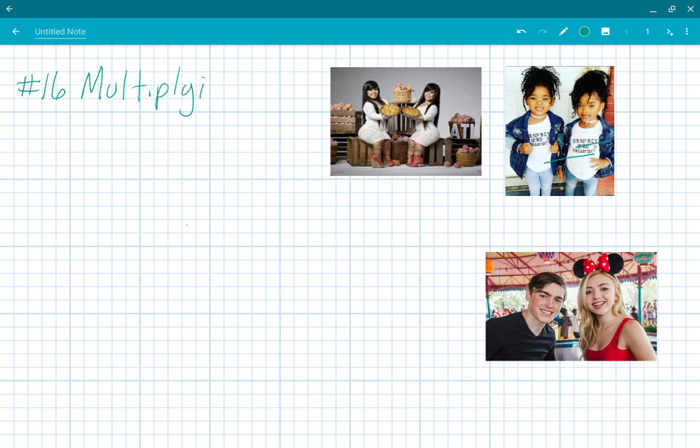They're not called twins, by the way, in math. Multiplying. Probably doesn't need two Y's. Oh, well. Twins. Okay. And I'll put quotes because they're not called twins.